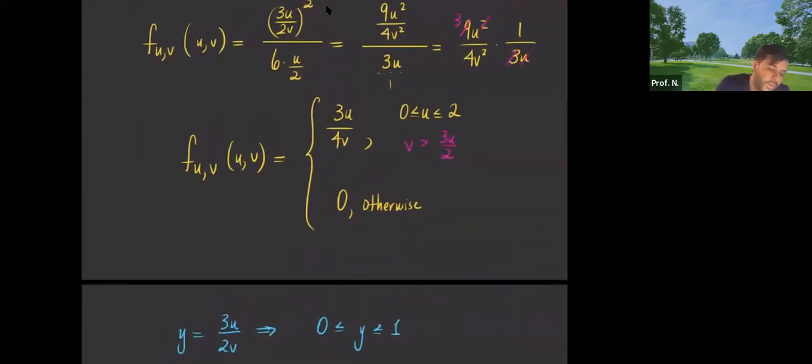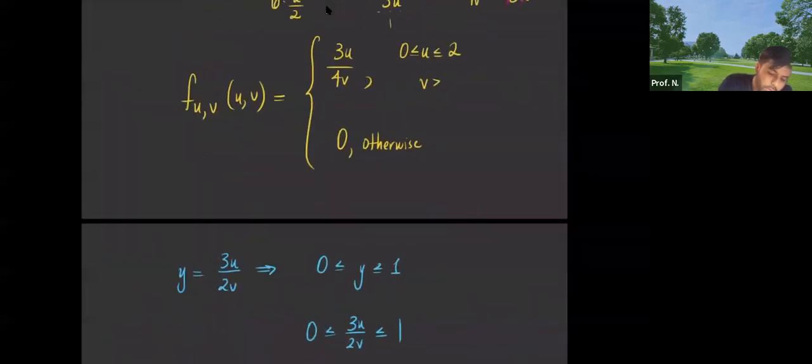Yeah, it's a little rough here, so let me just erase this. And okay, so v is bigger than 3u over 2.